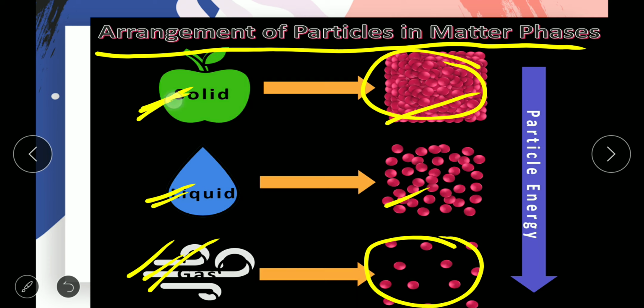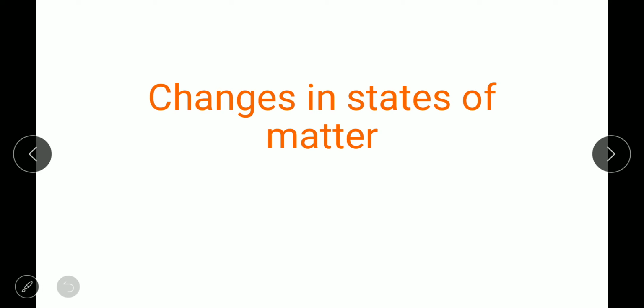And a gas has neither a fixed shape nor a fixed volume. Solid, liquid, and gas are interconvertible, meaning changes in states of matter.